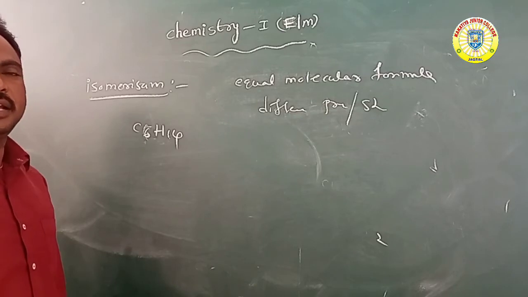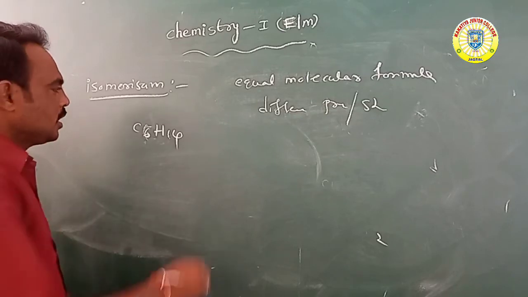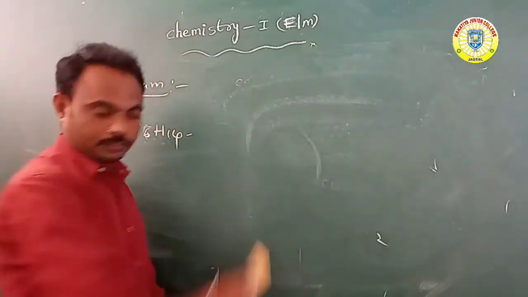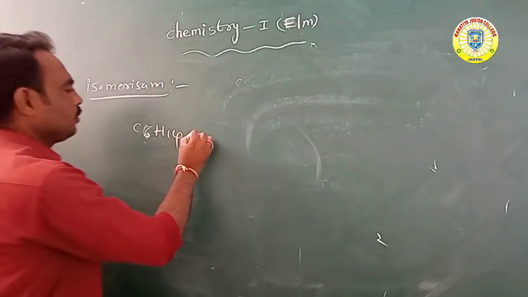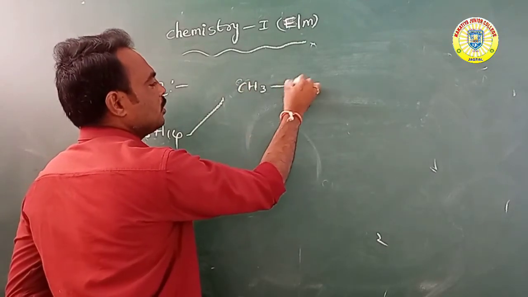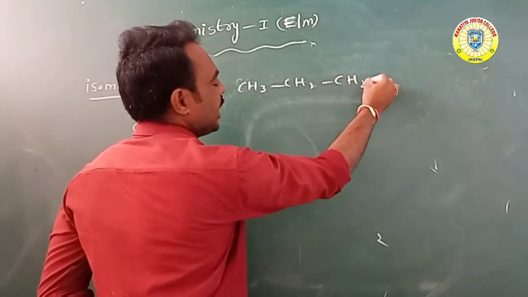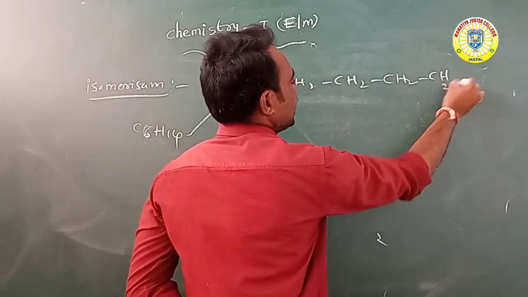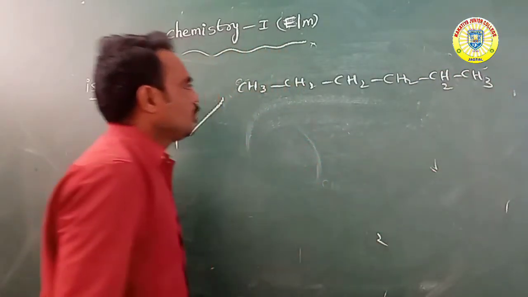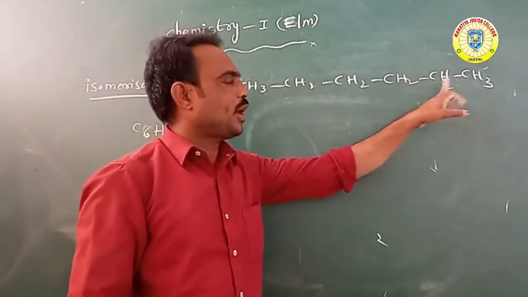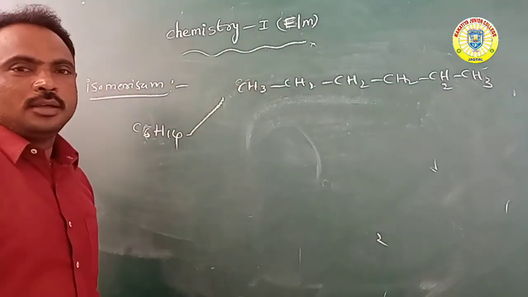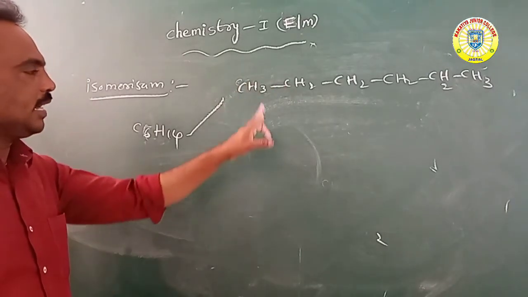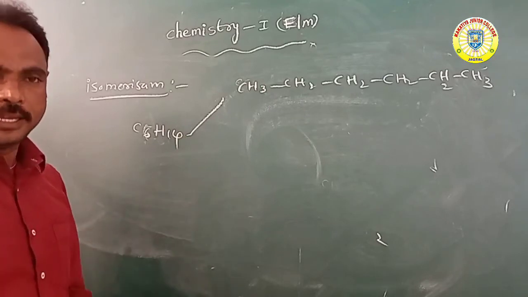So we write different types of structures. For example, CH3 bond CH2 bond CH2 bond CH2 bond CH2 bond CH3, 1, 2, 3, 4, 5, 6. That is called n-hexane, one structure of hexane.